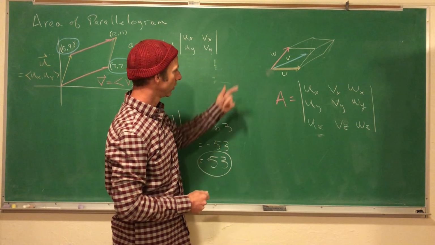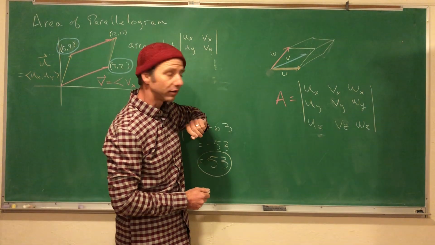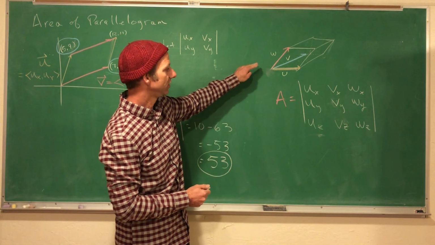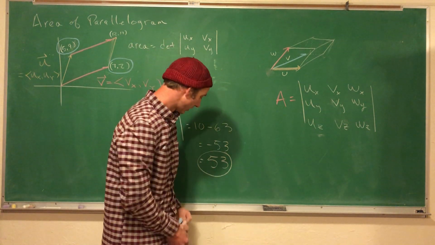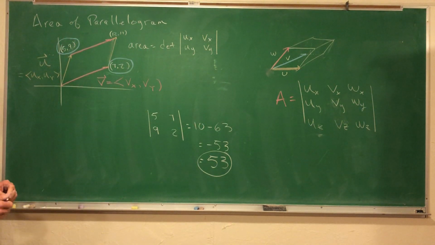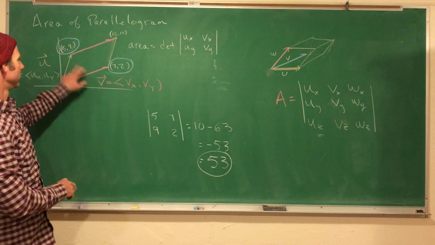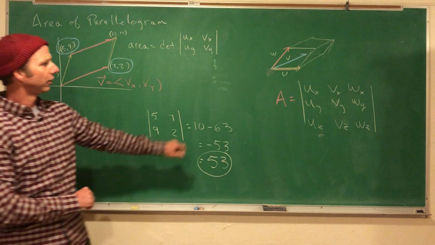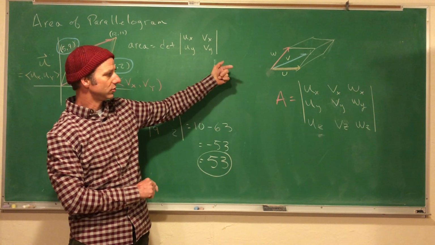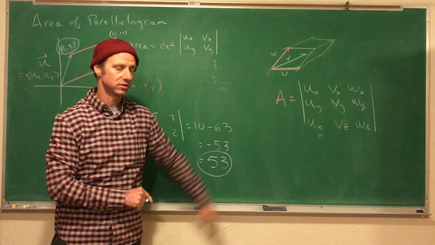Between those, we can go ahead and figure out the dimensions, or no, sorry, the area of this guy here. Okay, so determinants, pretty powerful, and we can do area of a triangle, or area of a parallelogram using vector notation, or area of a parallelepiped using the determinant, using the x, y's, and z's coordinates.